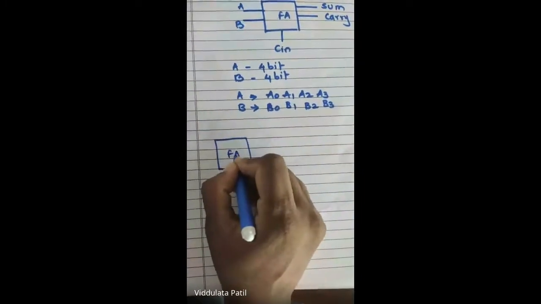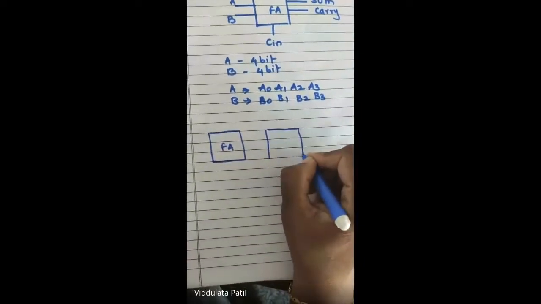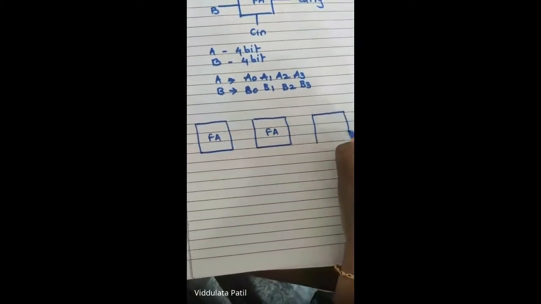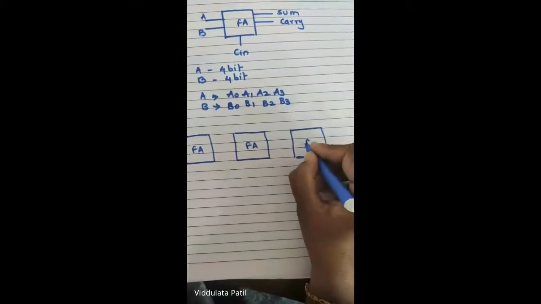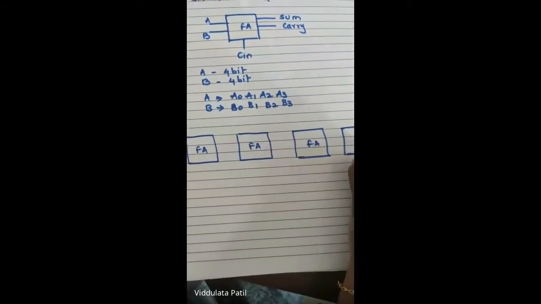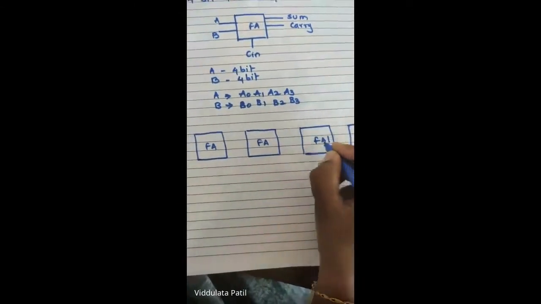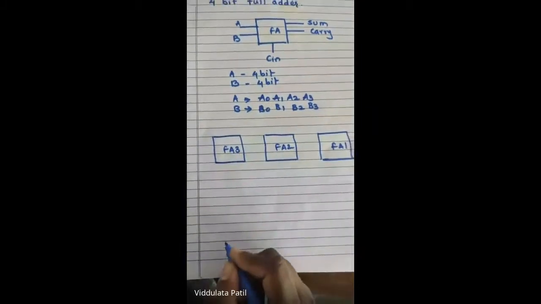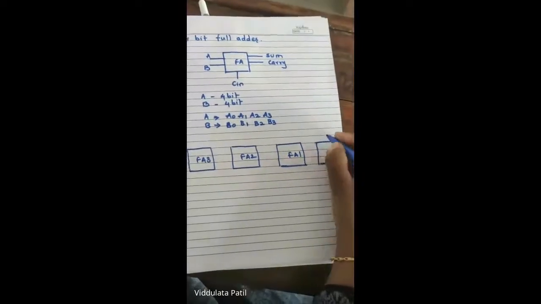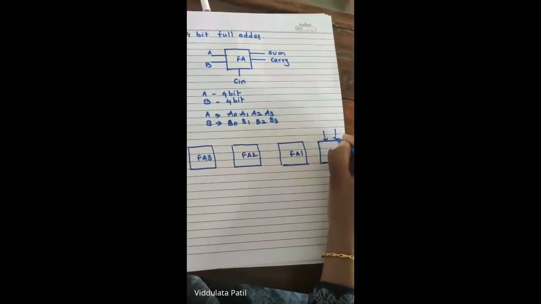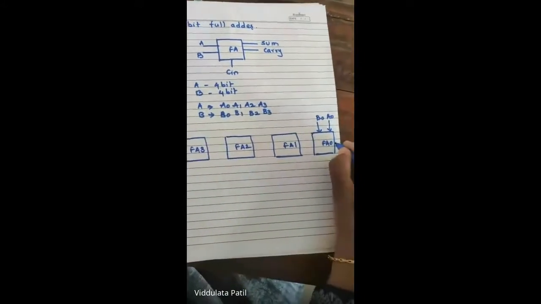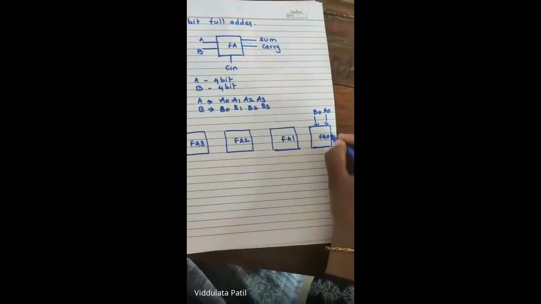I will first draw these full adder boxes. Let us say these are full adder 0, 1, 2 and 3. For FA0 there will be the input bits A0 and B0, and one more input, the input carry.